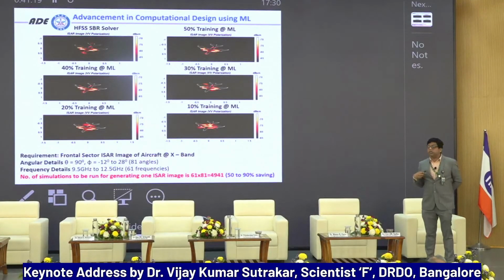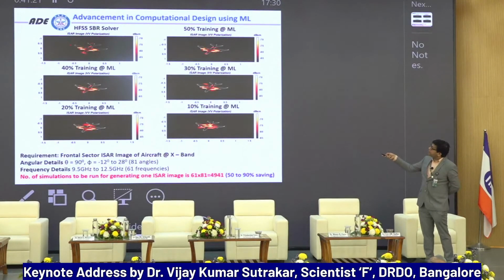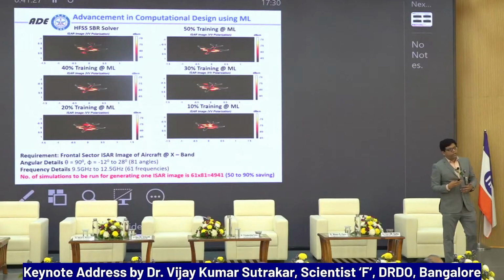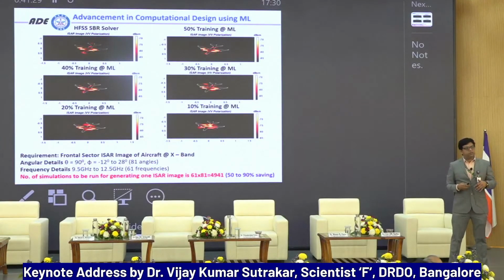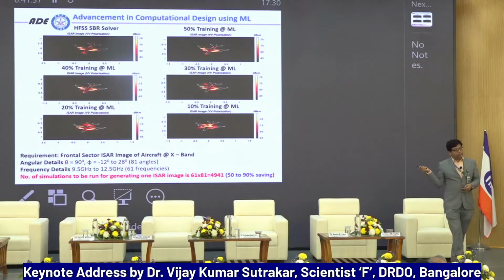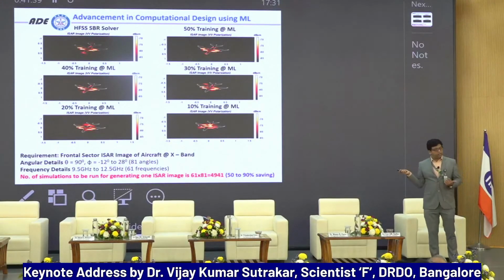I need not look into the very particular details, because in the initial design phases iterations happen very frequently. An indicative idea is good enough rather than the final numbers, so even if it is 20% off, it is okay for a design iteration. So machine learning helps reduce the computational time.